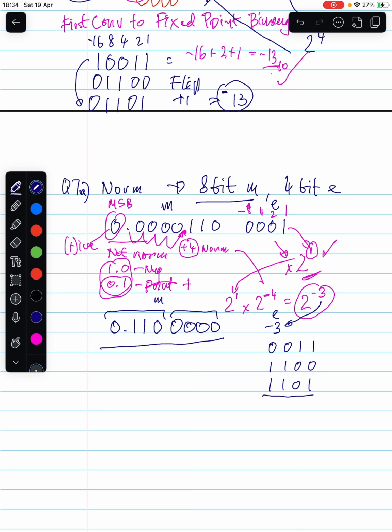The answer is here for the mantissa, and this is our exponent. Now remember, don't put the answer not in final answer. And that is our final answer.